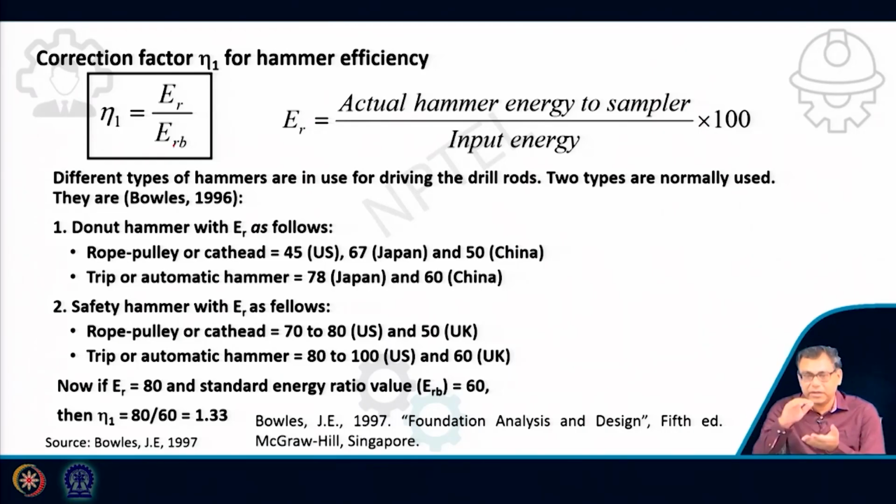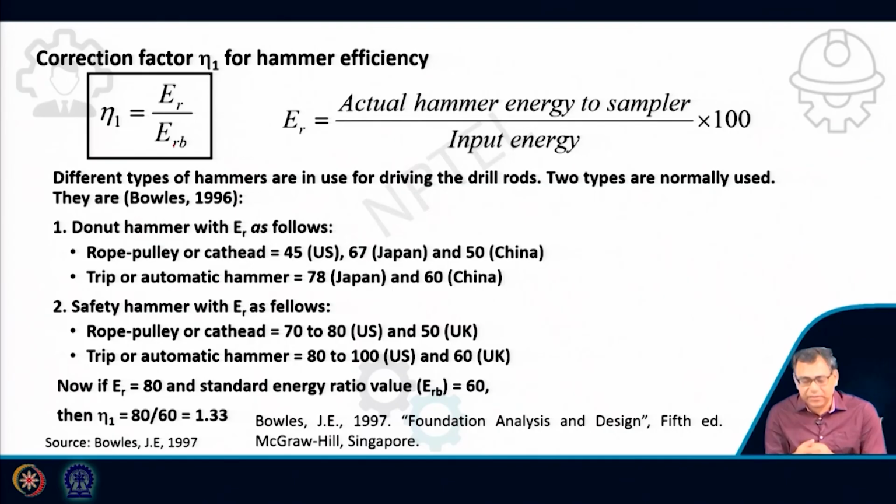If there is a free fall, there will be energy that you are applying on the sampler tube. But in the field, the actual value will be different from that. One is the theoretical value, and the other is the actual energy that you are applying.